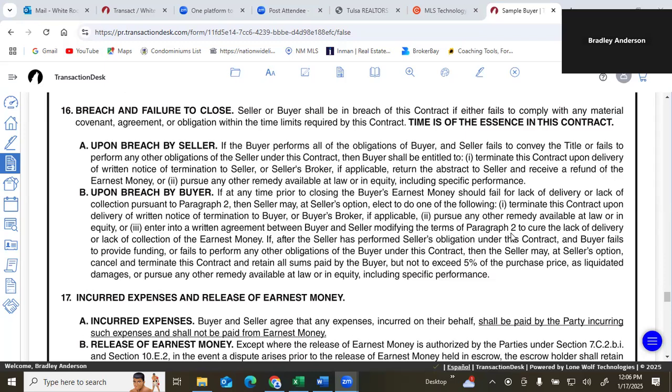So just because the buyer breached doesn't mean that the seller wants to get out. Y'all can amend the contract to cure whatever was breached.